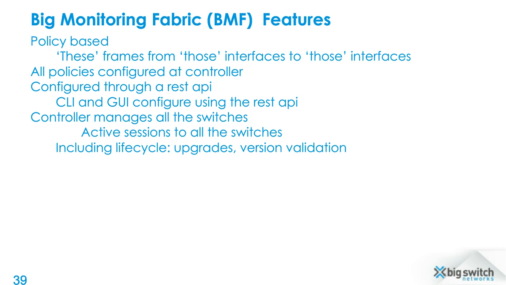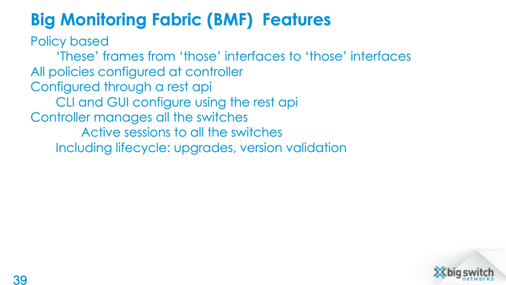And I want that same traffic from this other interface, also port 22, to be sent to that destination. So in a single place, you can view how the traffic is moving from all of the sources to the destination. So all the policies are configured on the controller.